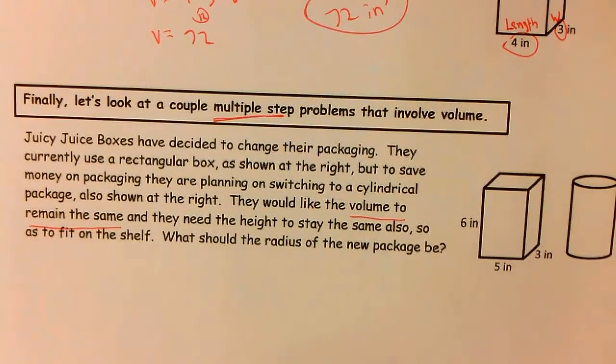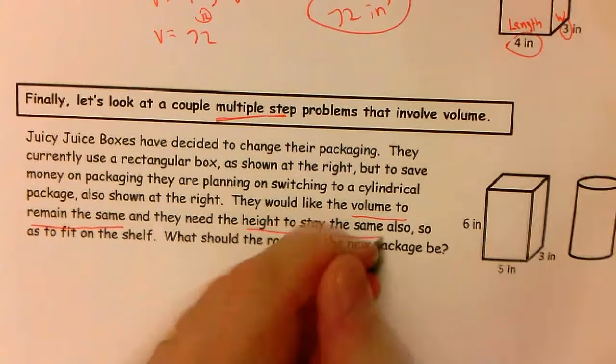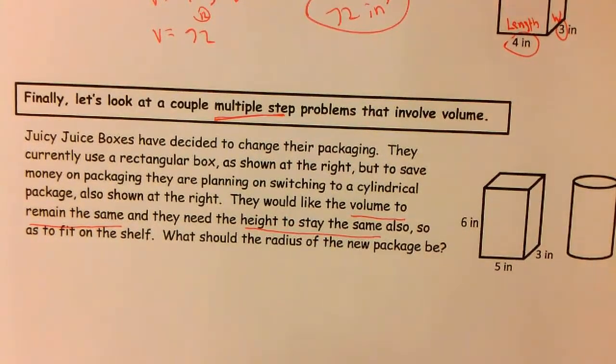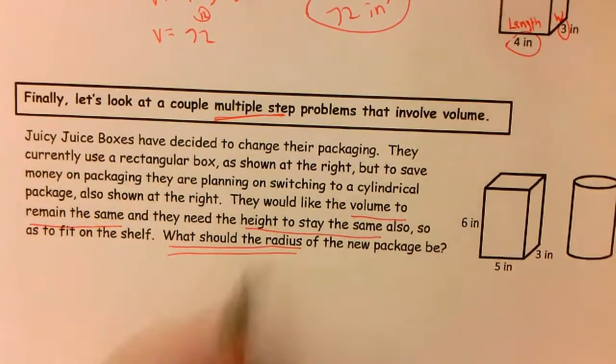The volume is going to stay the same. And they need the height to stay the same so as to fit on the shelf, because you can only stack stuff so high on a grocery shelf. So the question is, what should the radius of the new package be?